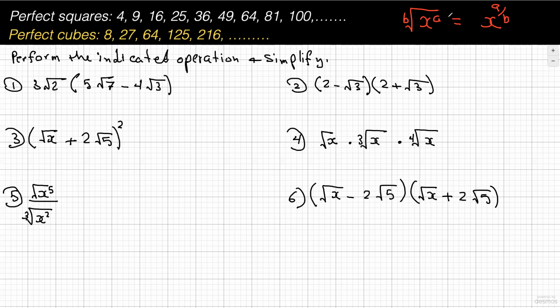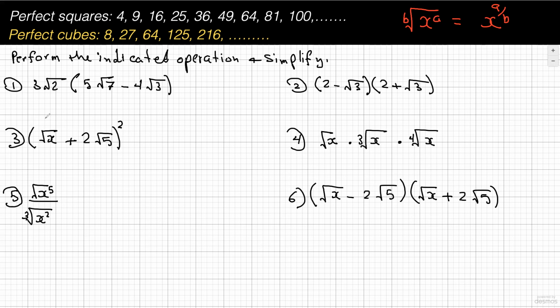So the exponent becomes the numerator and the index becomes the denominator of the exponent on the x. All of this just becomes an exponent. We will be using this rule for this question and this question when we get there.